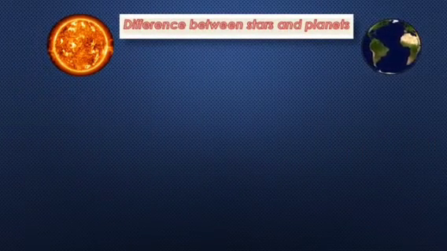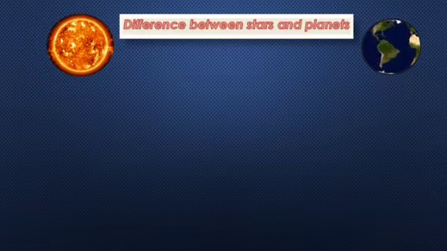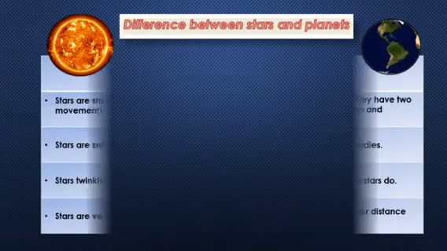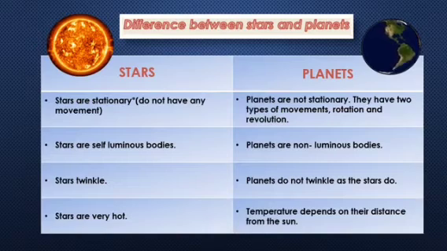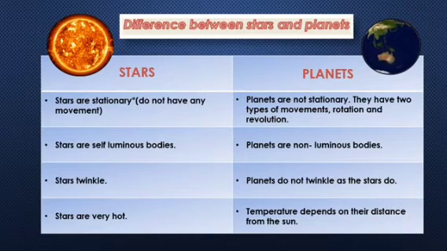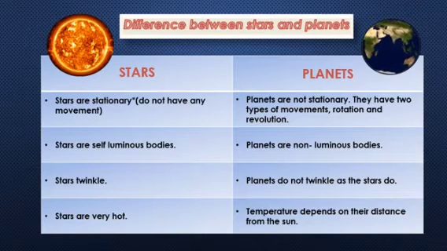Now, let us understand the difference between stars and planets. Stars are stationary, which means they do not have any movement. But planets are not stationary. They have two types of movements, rotation and revolution. Stars are self-luminous bodies, which means they have their own heat and light.